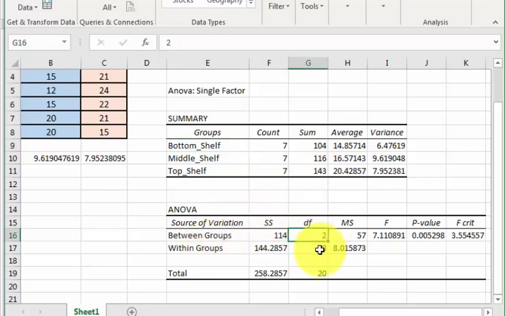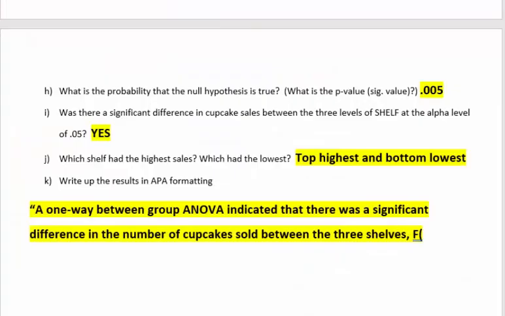The second number is the degrees of freedom within groups, comma 18. So 2, comma 18, close parentheses, equals, and then we do the F ratio, which we already know is 7.11, comma, the p-value, we already know that too, 0.005, done. All right, that's APA formatting. So there's number 1 for you.